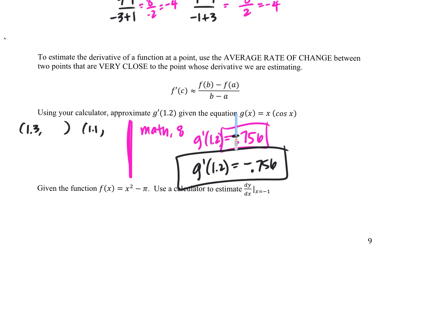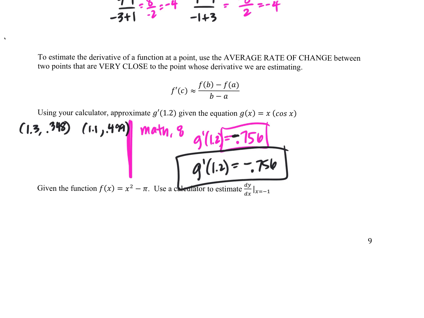G of 1.3: I'm going to plug in 1.3, and that's going to get me my y value, right? So I would just do 1.3 cosine of 1.3, and I got 0.348. And then if I plug in 1.1 cosine 1.1, 0.499, what would I do with that info?